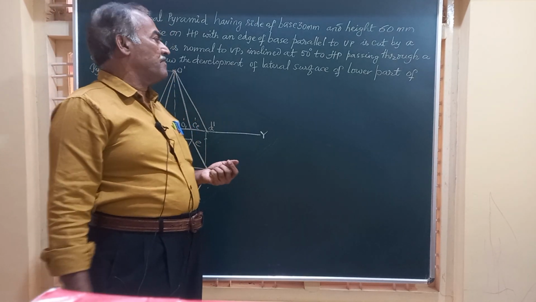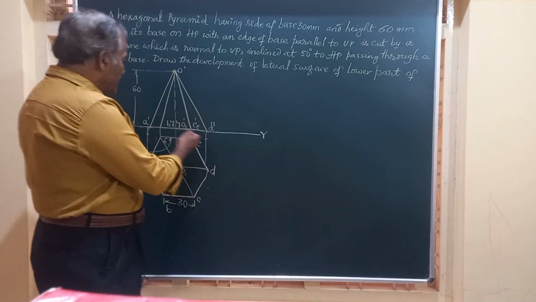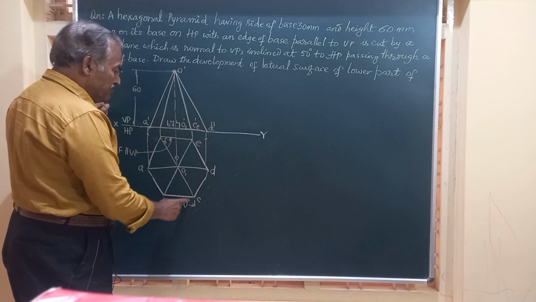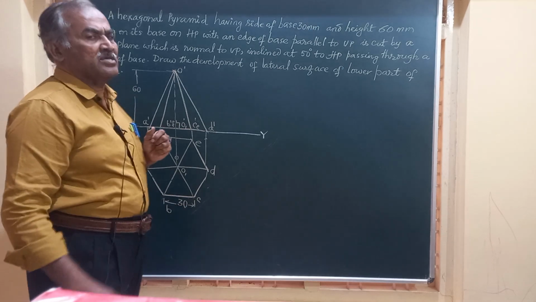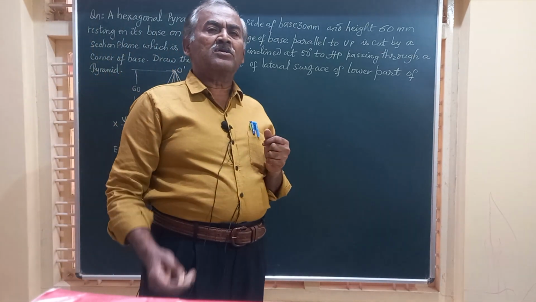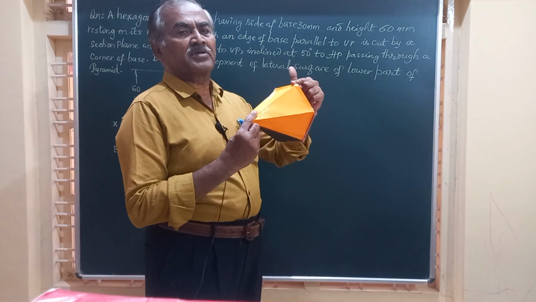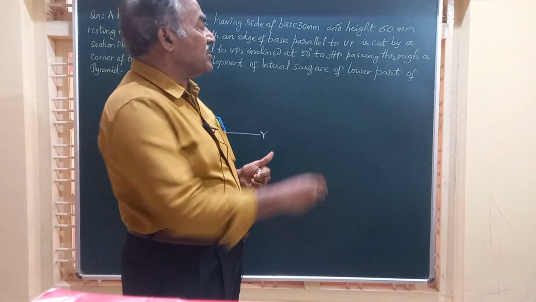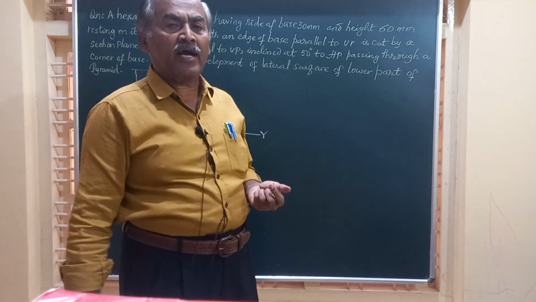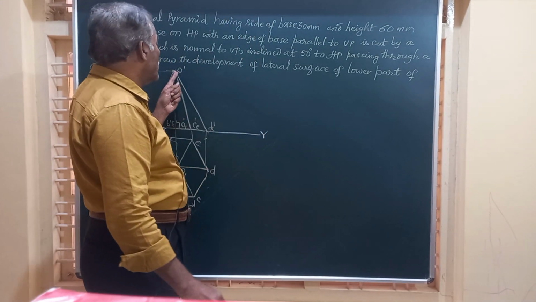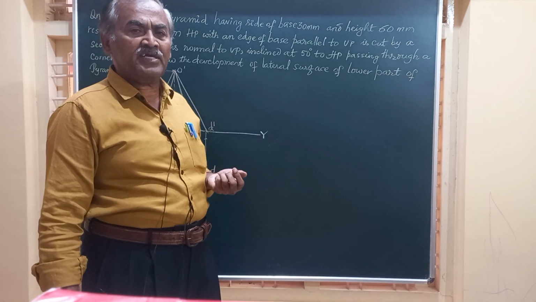And now in the top view, all these base edges, namely AB, BC, CD, DE, etc., represent the true size of the base of the pyramid. To draw the development, we need the true length of the slant edges connecting the vertex to all the corners of the base.